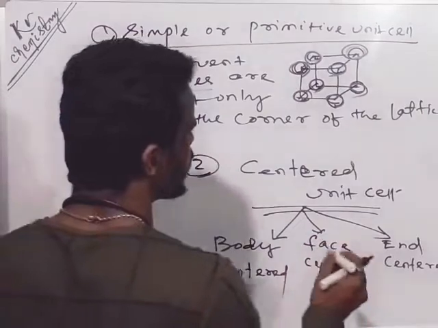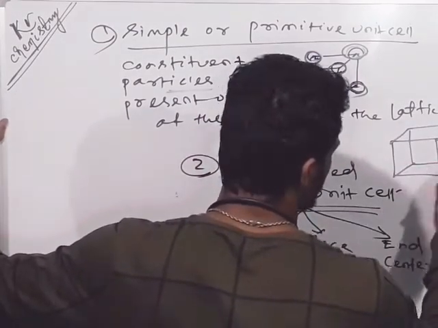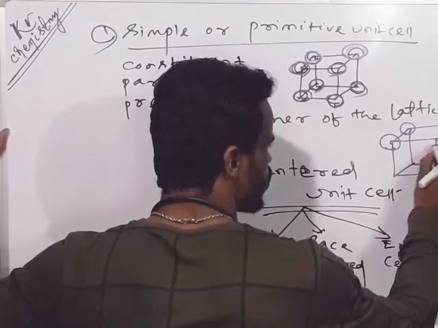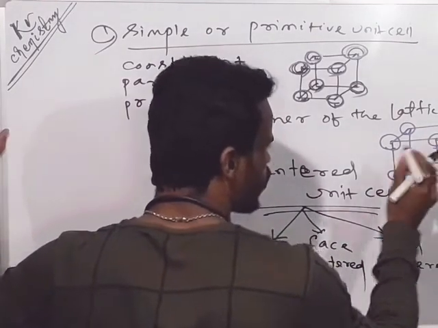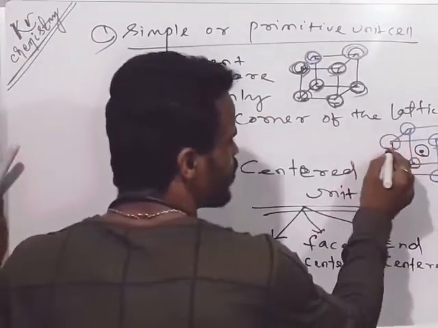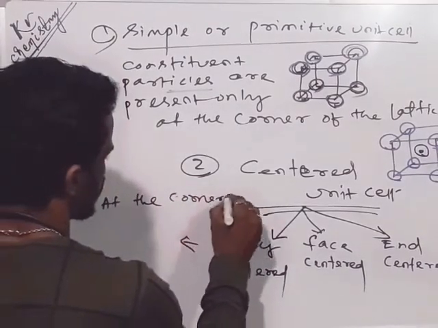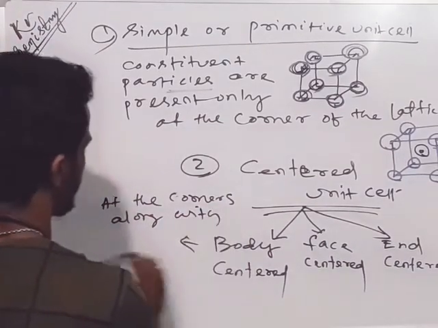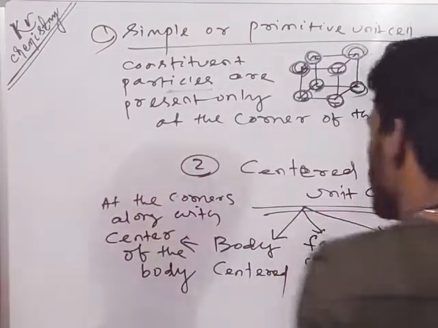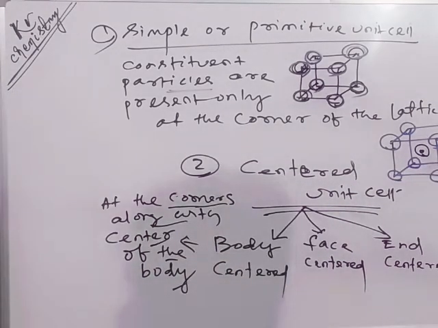In case of centered unit cells, meaning body centered, face centered and end centered, if the constituent particles are present at the corners of the lattice as well as along with the center of the body, then this is called a body centered unit cell.